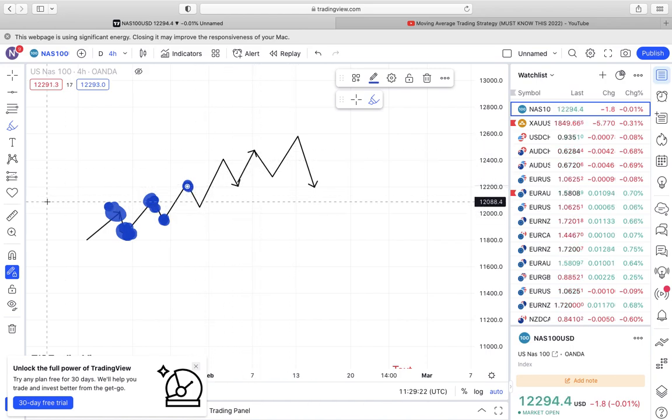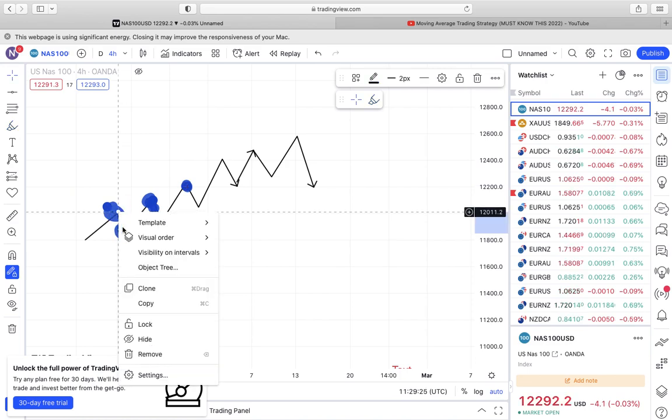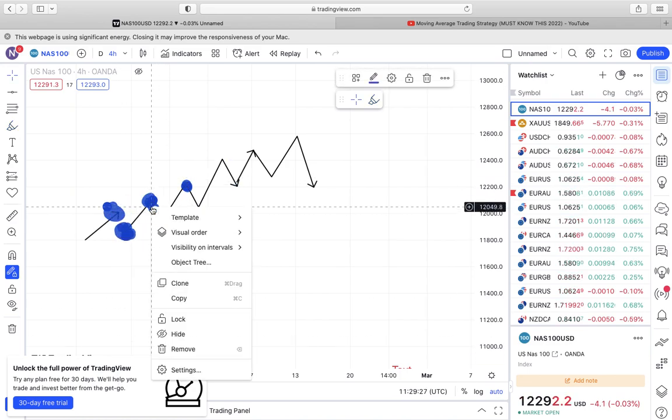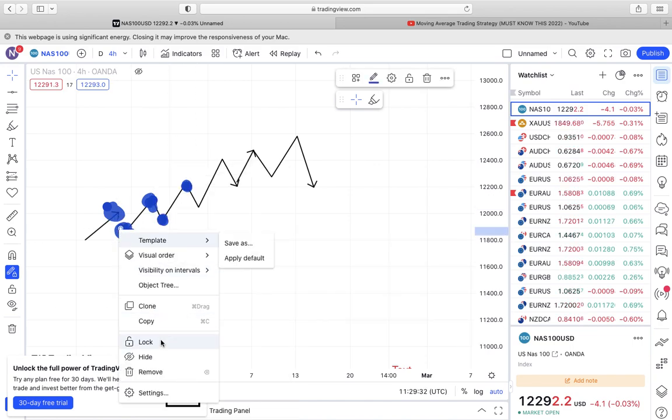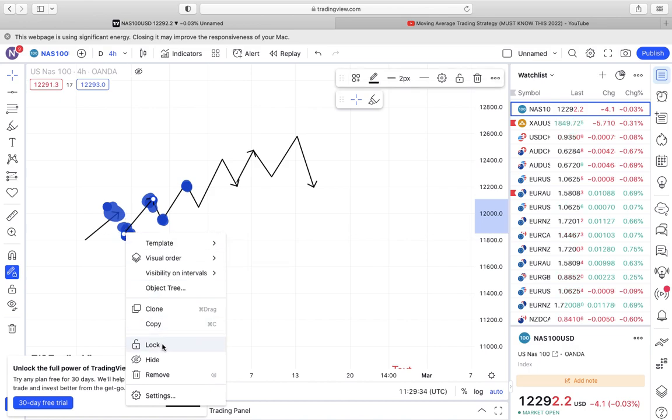That means this market is upward trending. That is the structure of this given market, as you can see.